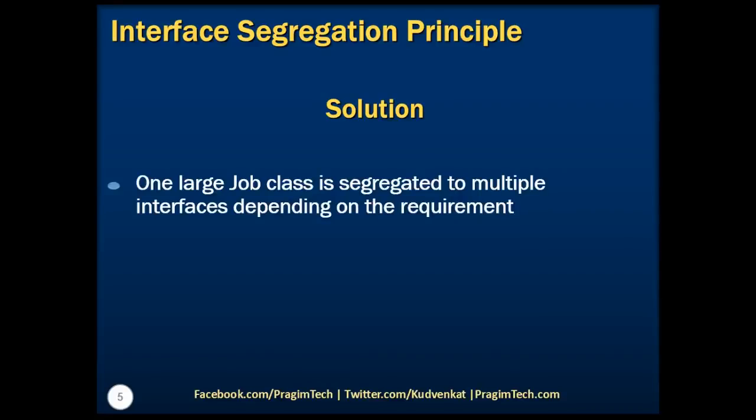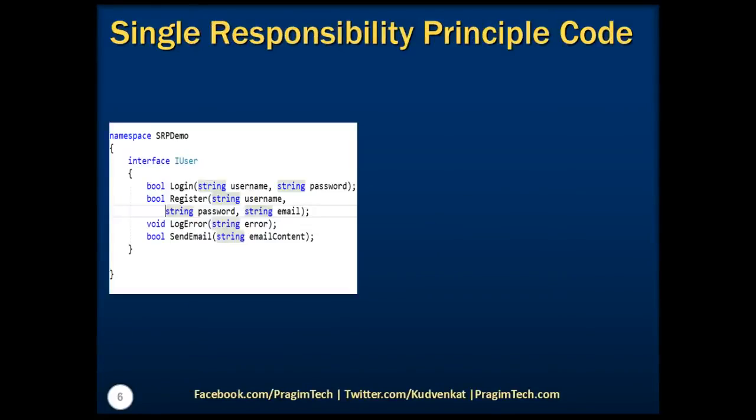Now, if you recollect the previous session, we also covered the interface segregation principle along with the single responsibility of the class. We strongly recommend you refer to the single responsibility session before proceeding. In the previous session, we decoupled the user class to achieve single responsibility of handling login and registration. Also, we moved the error logging and send email methods to their respective classes or interfaces.